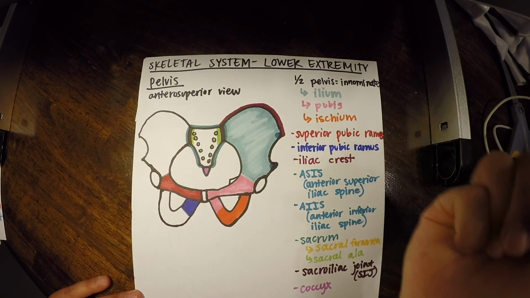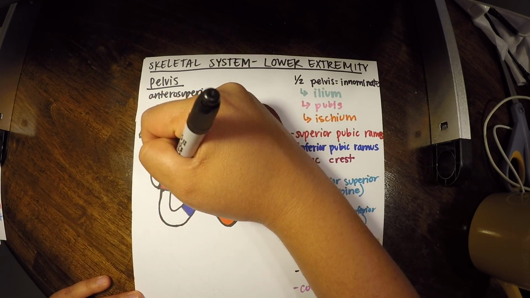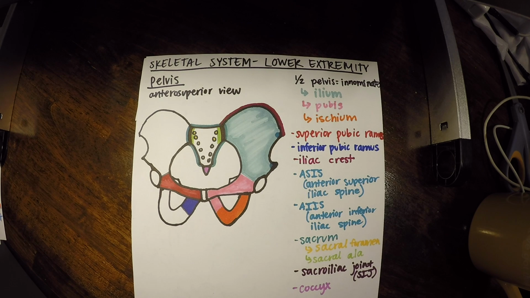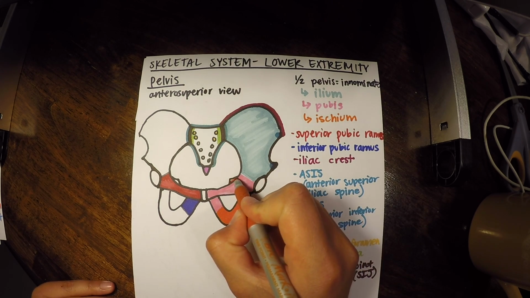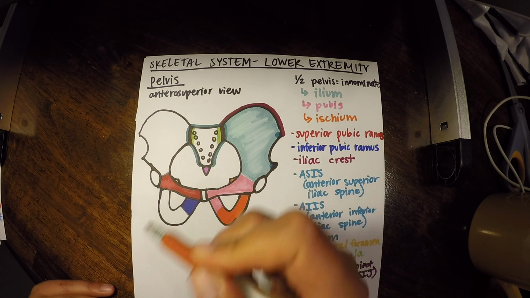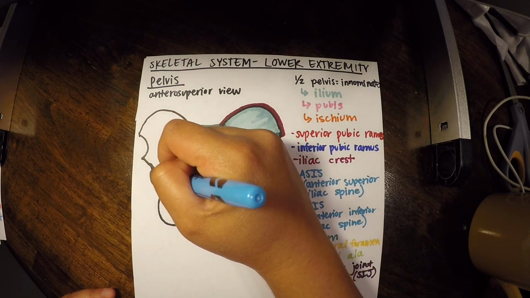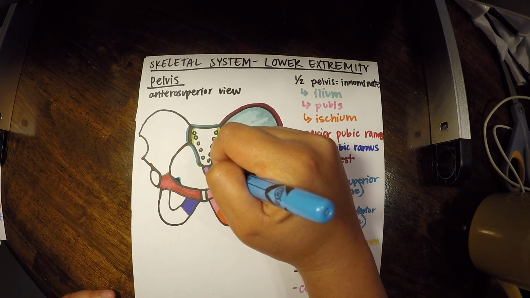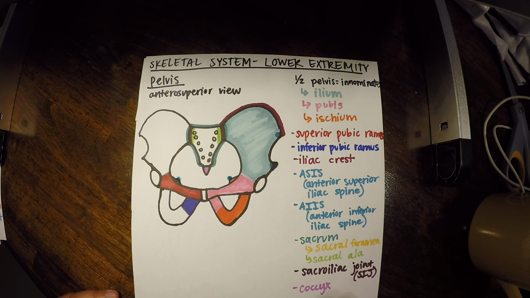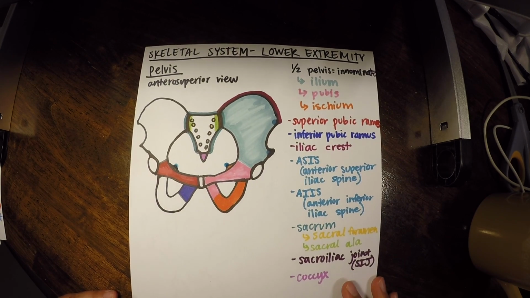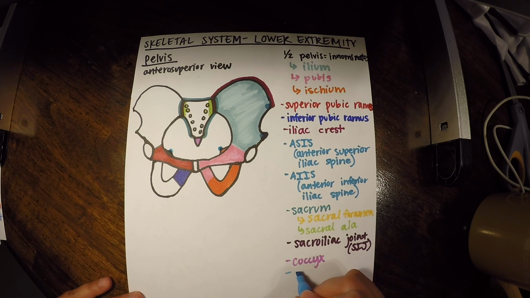You can see it a little bit more posteriorly, but that is part of our ischium. So I'm going to put a little bit of orange there just so we can see as a little reminder. But more specifically there, we have something called our ischial spine. So I'm going to put a little circle right here. That's where our ischial spine is. And remember, a spine, when we talk about the pelvis, is just like the little pointy part sticking out.